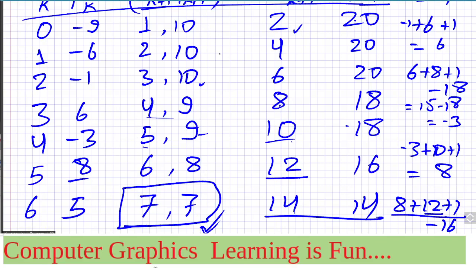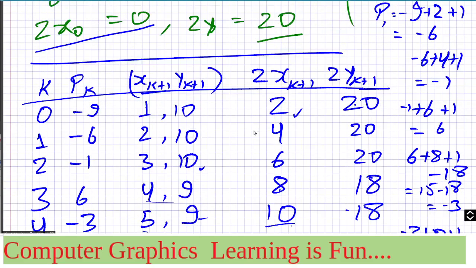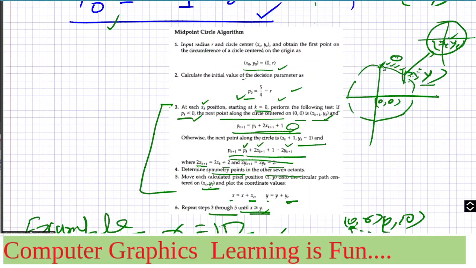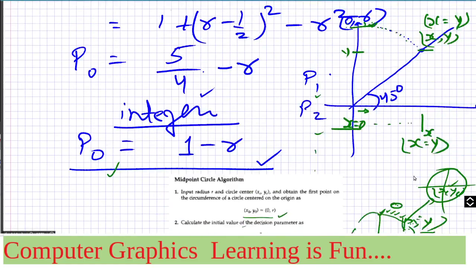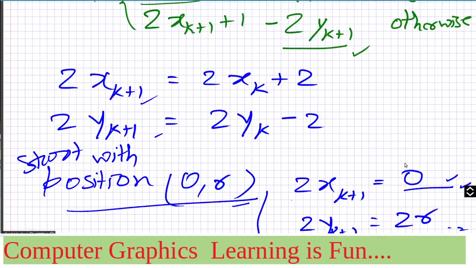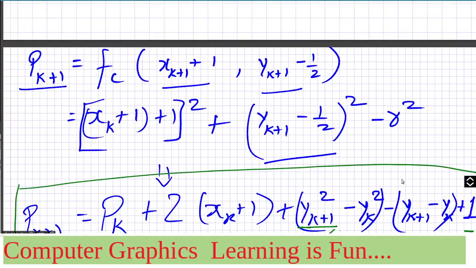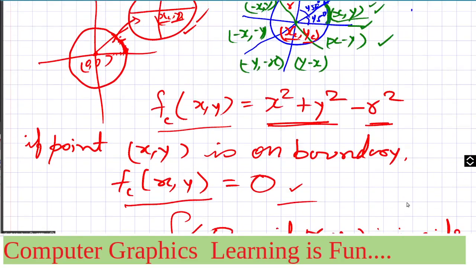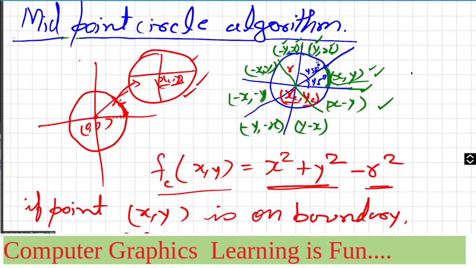Now using these values we will plot all the pixels. What will be the other pixels? As we have seen, if we have got one of the octant values, accordingly we can judge other values. Let me go up and show you that particular thing. So you have calculated this value.